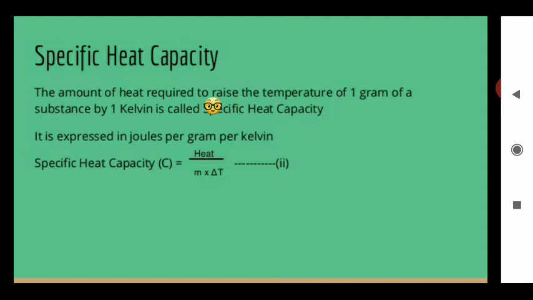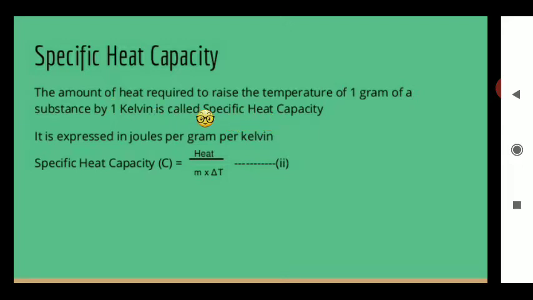So what is the basic difference between heat capacity and specific heat capacity? In the case of heat capacity, you have taken m gram of substance, while in the specific heat capacity, you have taken the substance in the form of 1 gram.